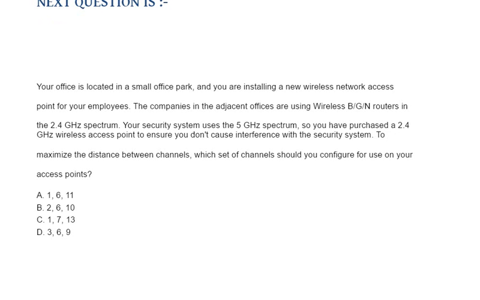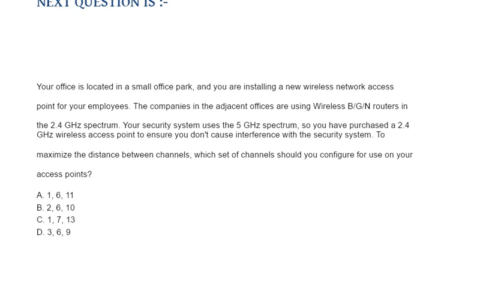Next question is your office is located in a small office park and you are installing a new wireless network access point for your employees. The companies in the adjacent offices are using wireless B/G/N routers in the 2.4 GHz spectrum. Your security system uses the 5 GHz spectrum, so you purchased a 2.4 GHz wireless access point to ensure you don't cause interference with the security system.